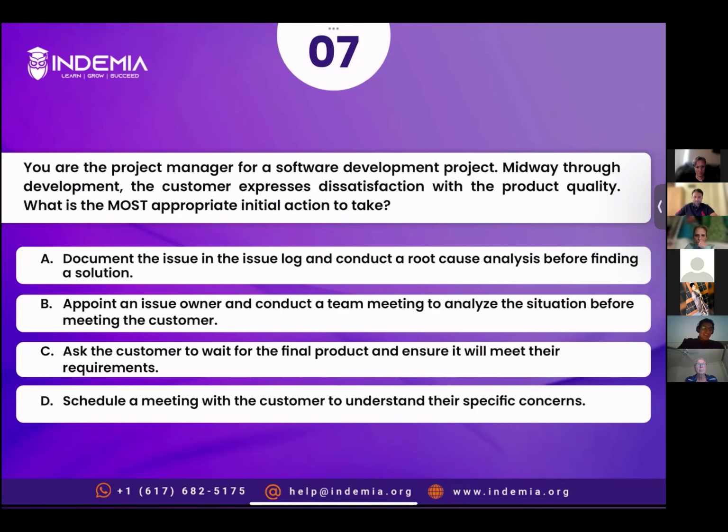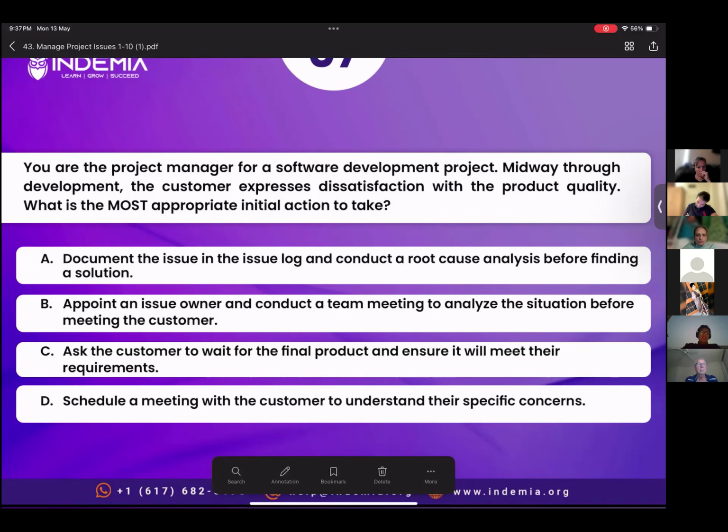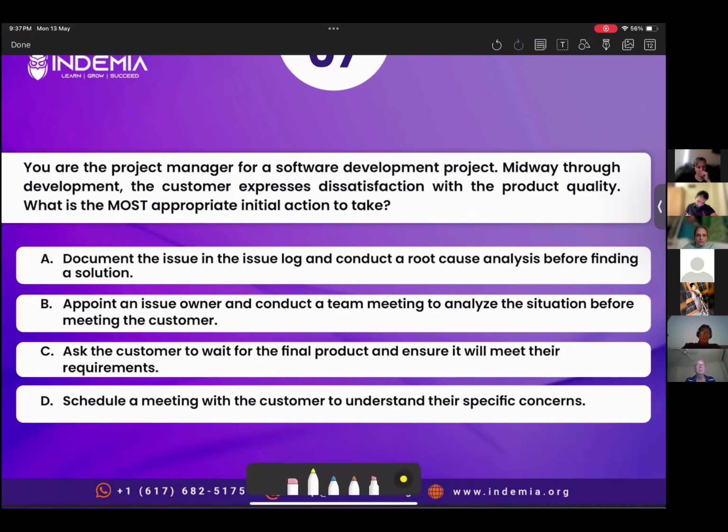I think that is not correct, but I eliminated the other ones because C, for example, is requesting the customer to wait till the final product. In this case, we need continuous feedback, and this is one of the points.